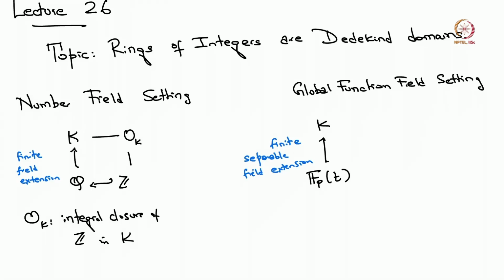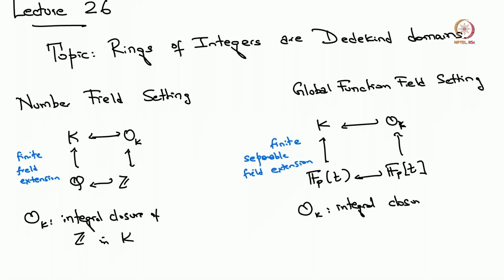And inside that we have the polynomial ring F_p[t], and just as earlier we look at the integral closure. So O_K again is the integral closure of the polynomial ring in one variable over F_p in K.